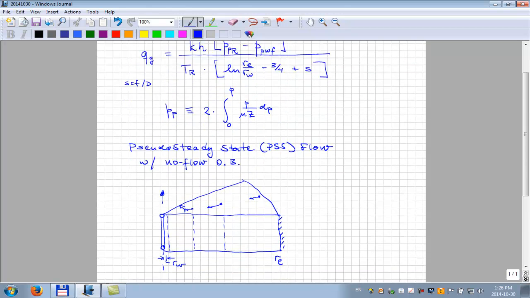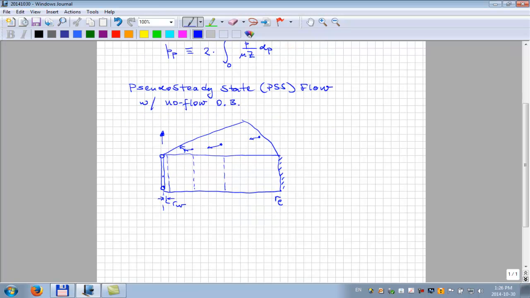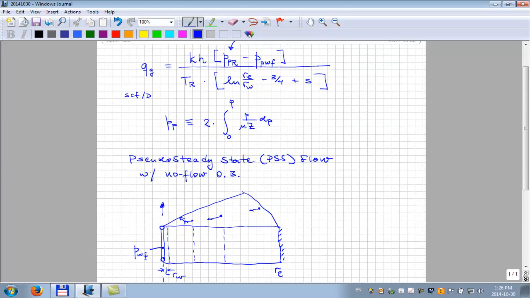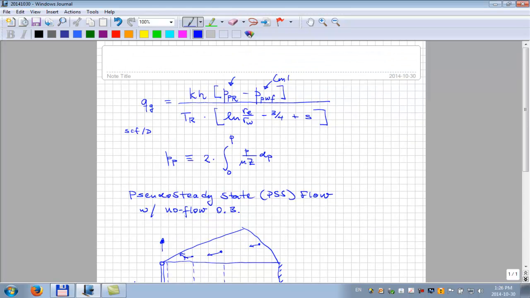And if you change the flowing bottomhole pressure at this point here, if you can maintain pseudo-steady state, this is what we talked about having control over. This is what we have control over today. This is about the only thing we can do anything about. We change that pressure and we get a different rate.